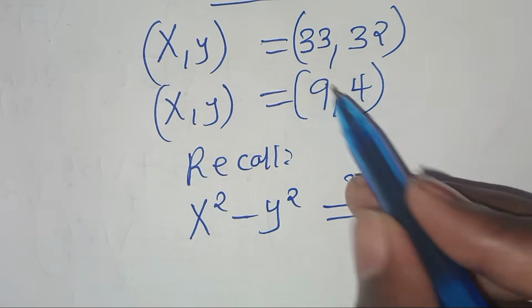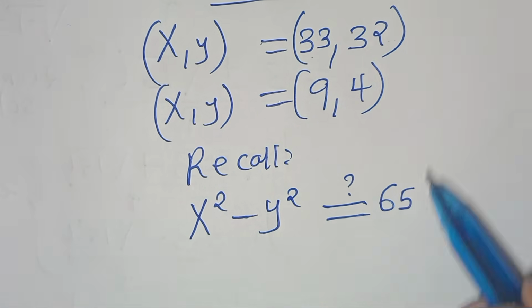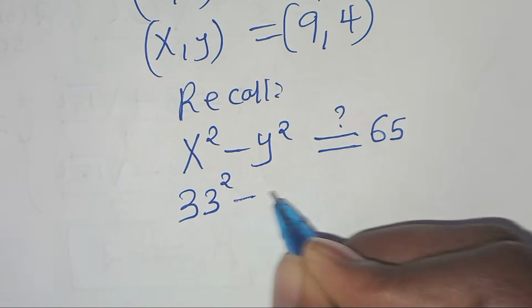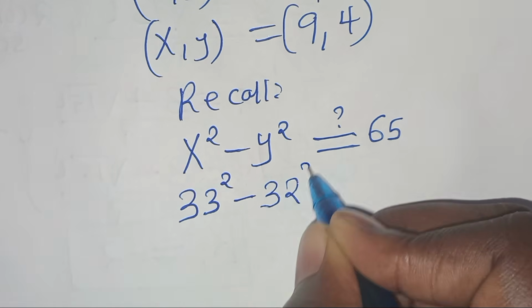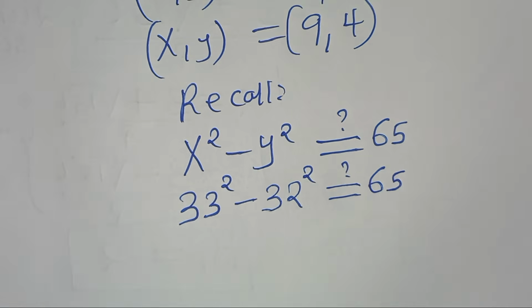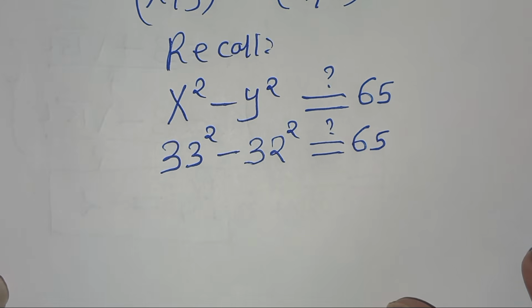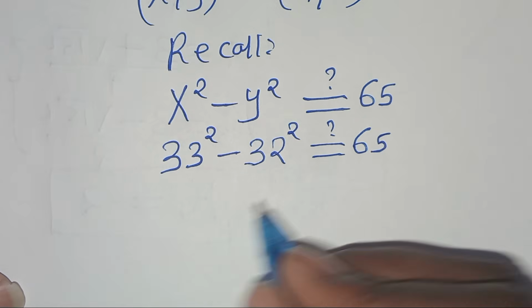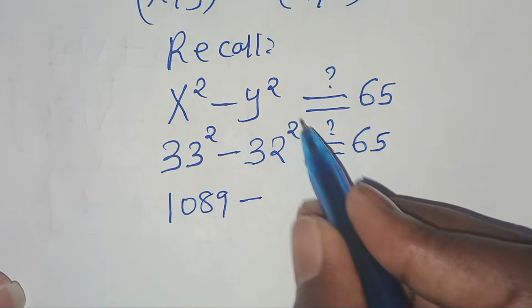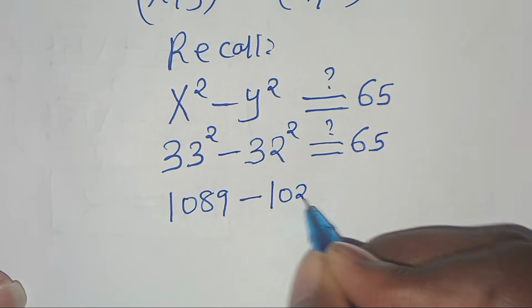Let's substitute the first solution: 33 squared minus 32 squared. 33 squared is 1089, minus 32 squared, which is 1024.